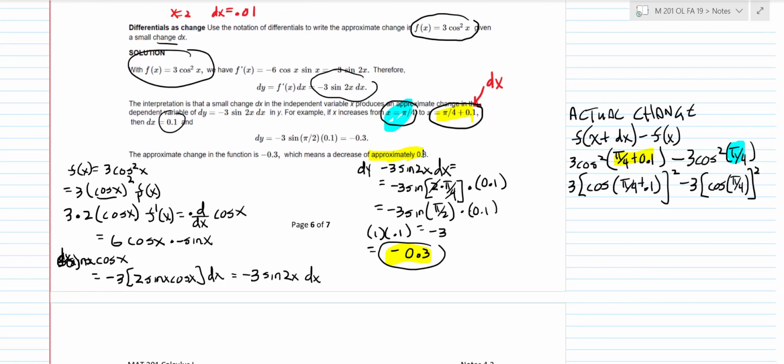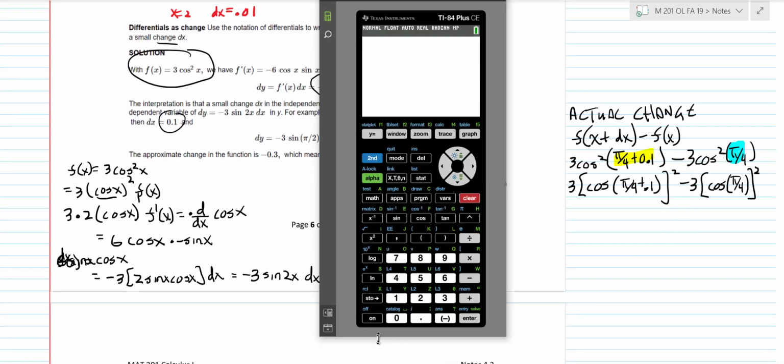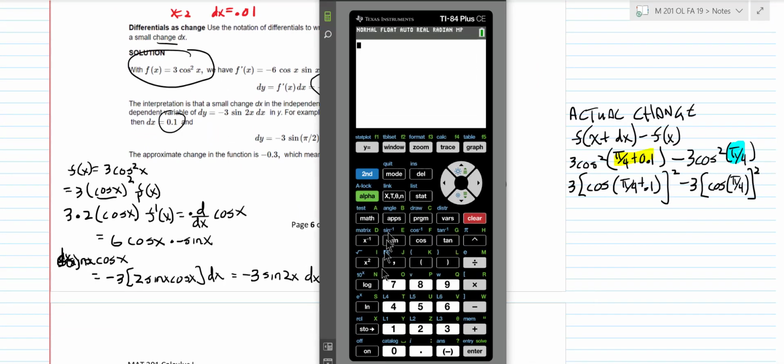So what I'm going to do is put this in the calculator. If I do this, I'll put this in like this. I'll go 3 parentheses, then cosine pi over 4 plus 0.1, to the second power.